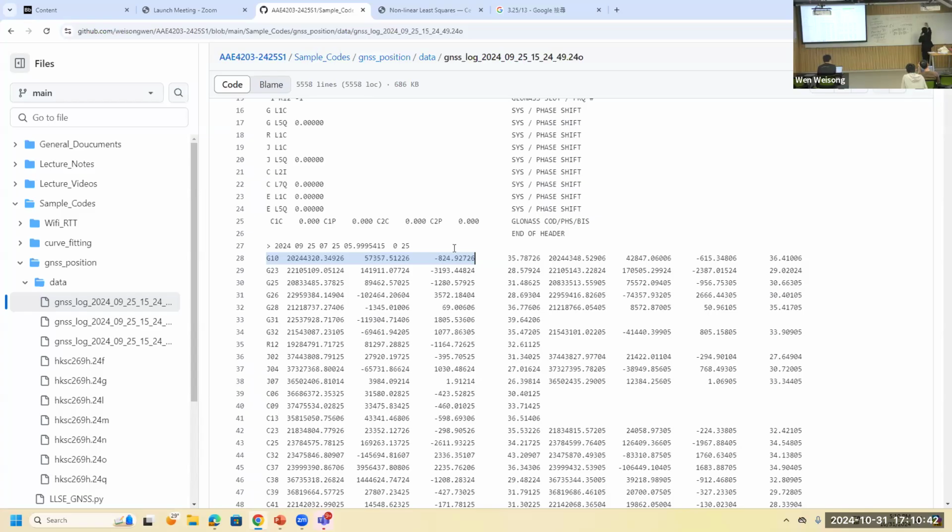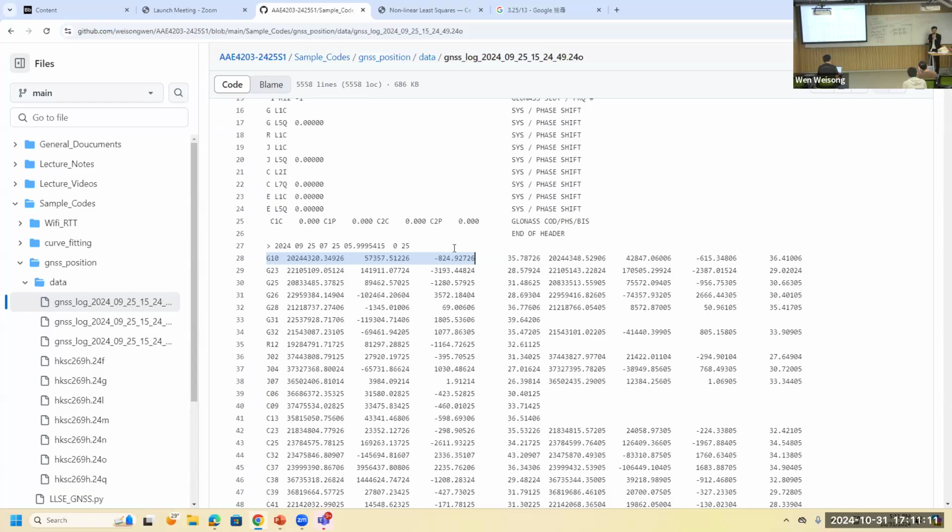So for cars, this is represented similarly. Let's say this is the velocity of the receiver, the car, and this is the velocity of the satellite. So this is a direction vector.